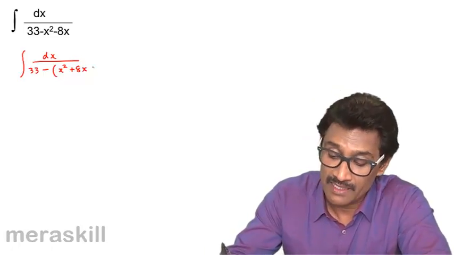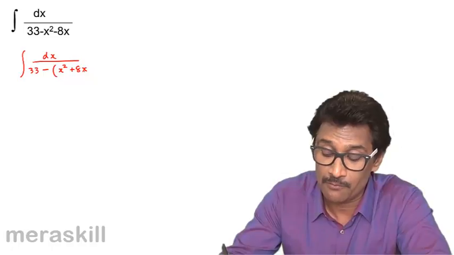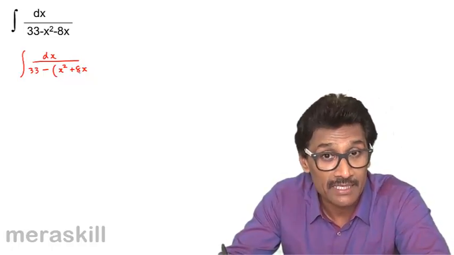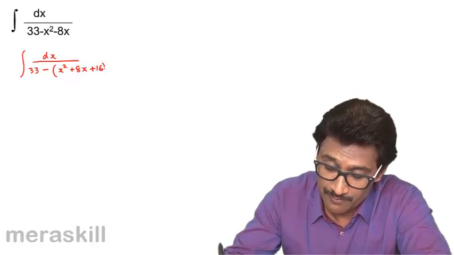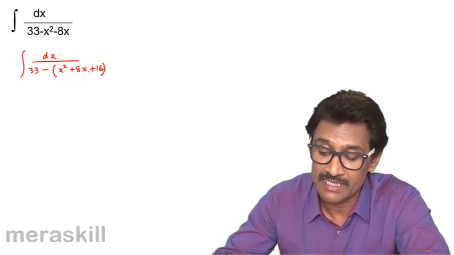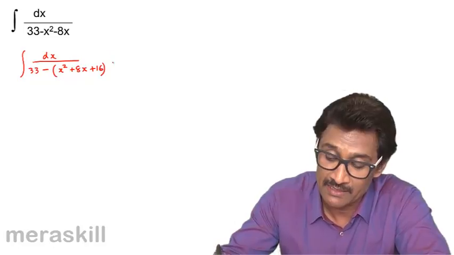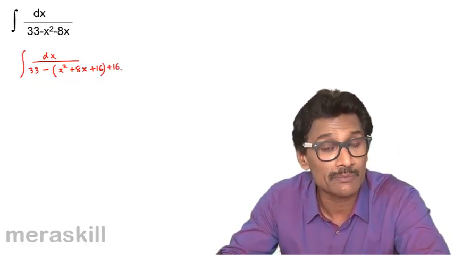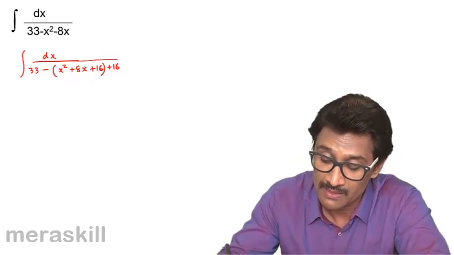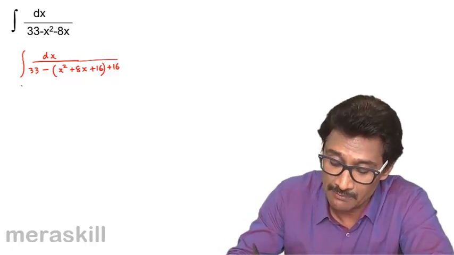So that means if there was 16 over here, half the coefficient of x, half of 8, that is 4 square, 16. Right? So it's going to be 16 at right, but actually it is minus 16. So it has to be plus 16 because it is minus 16. So to compensate for that, it has to be plus 16.